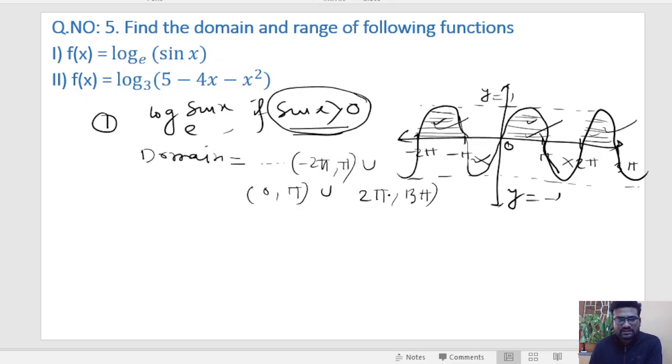The range of the function: sin x is greater than 0, with minimum value 0 and maximum value 1.